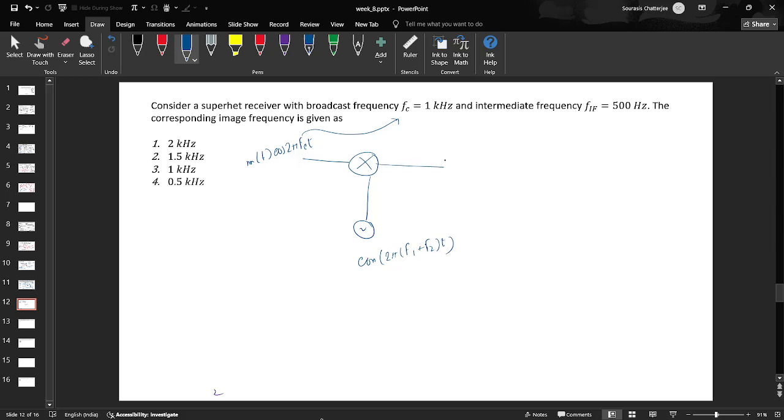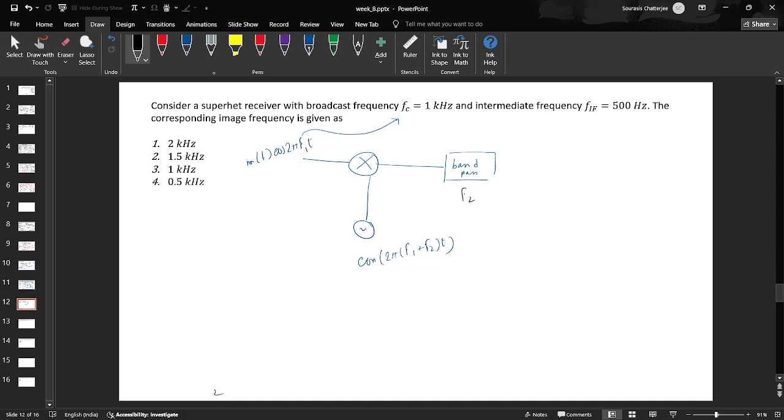And then here you will have a band pass filter. By the way, let me just call it f1 here, f1, and the band pass filter is going to pass the frequency f2. Right? So what does it do?